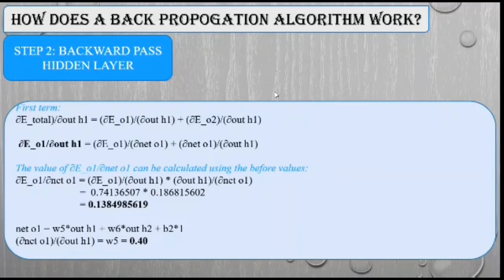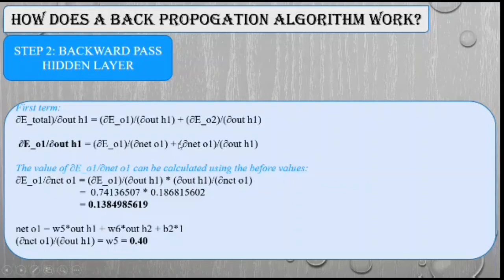We have already seen this before. Now with respect to this equation, I will take the first term, which can be represented as partial differentiation of EO1 with respect to out H1 equals partial differentiation of EO1 with respect to net O1 into partial differentiation of net O1 with respect to out H1.